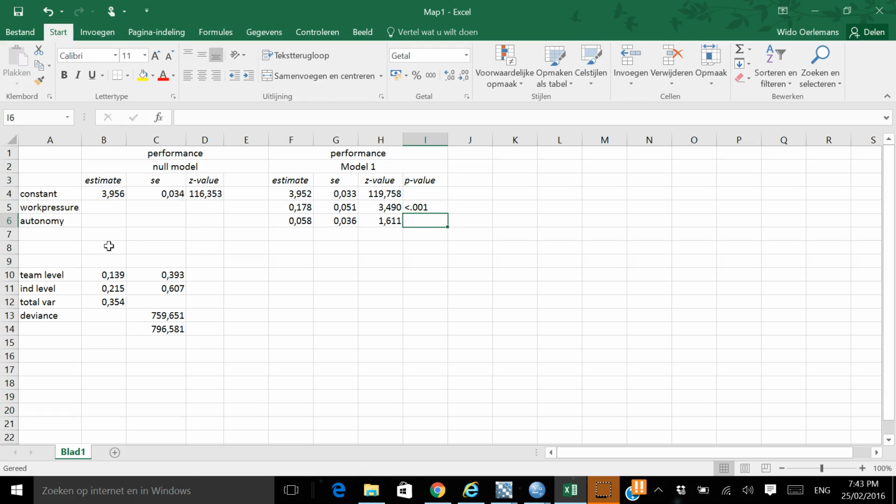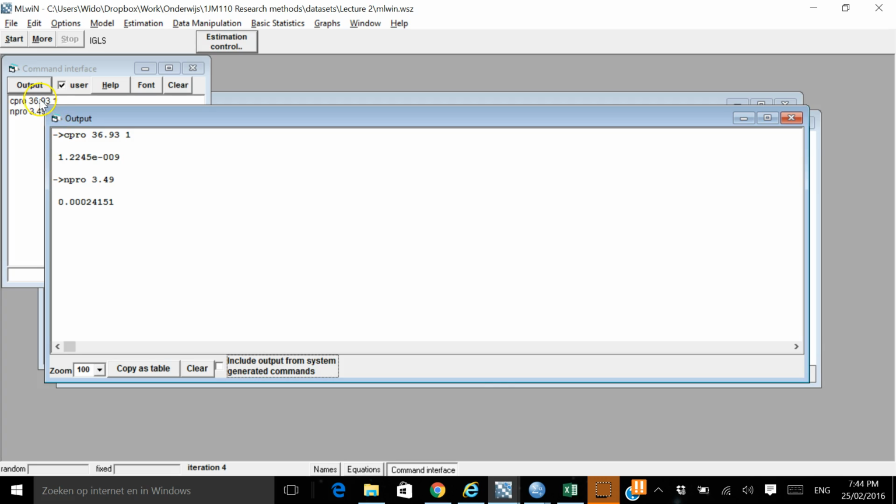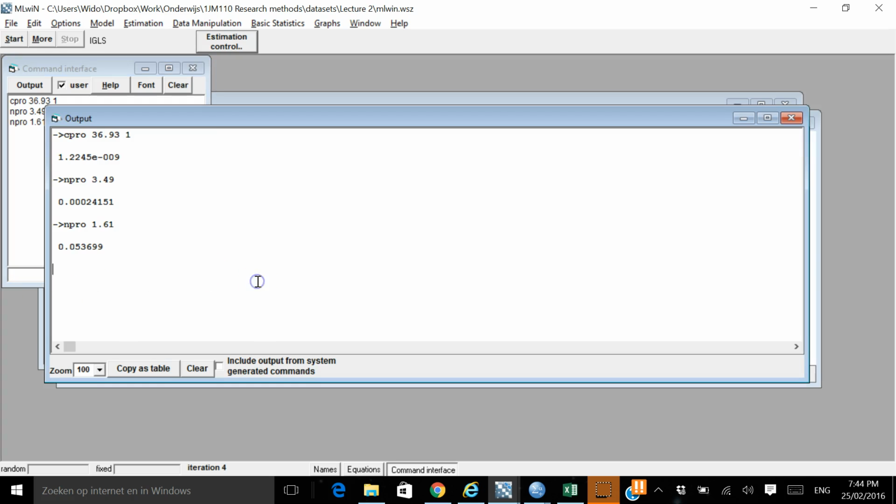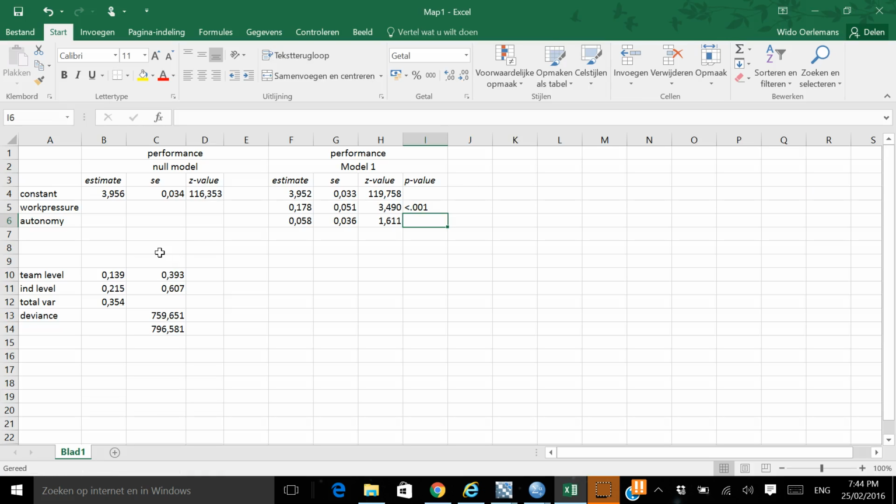But we are not so interested in that one. And the other, 1.611, is almost significant. But you have to take care here that it gives the two-tailed test, so you have to multiply the p-value by 2. It depends on your model, of course.